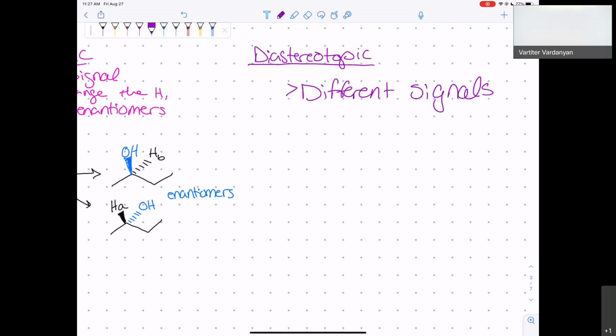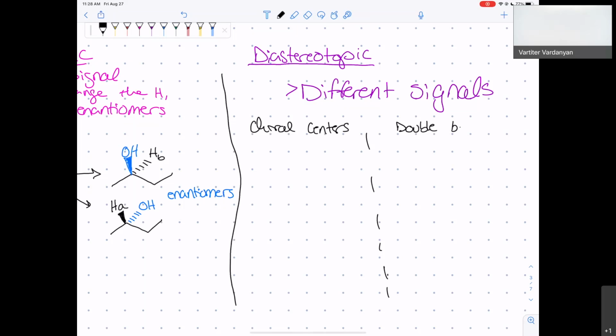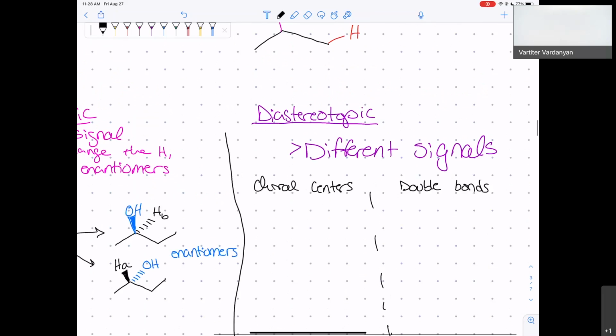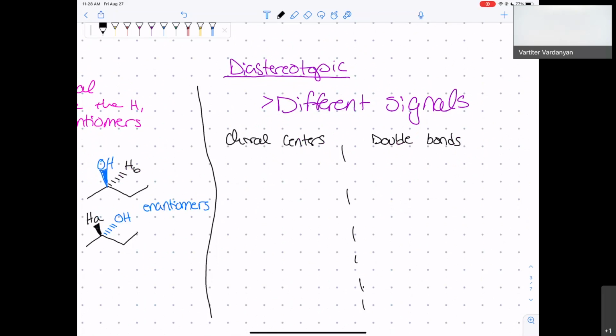So I'm going to break it down into, first, let me make a line here. We're going to break this down into chiral centers and double bonds. So like Luke said, we are going to look for something that has two chiral centers or potential chiral centers or some mix, right?